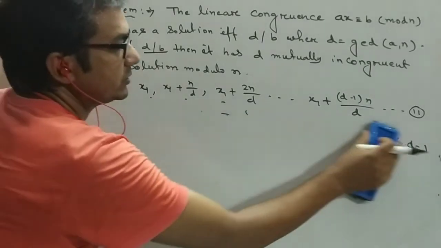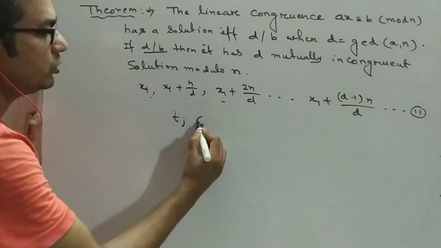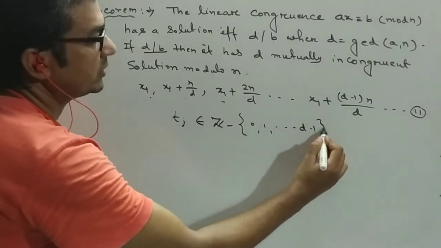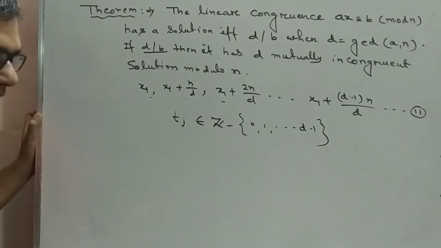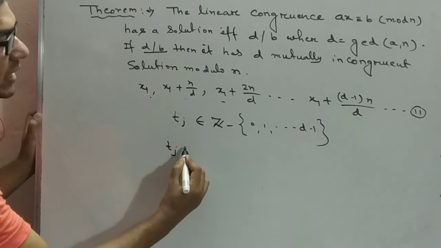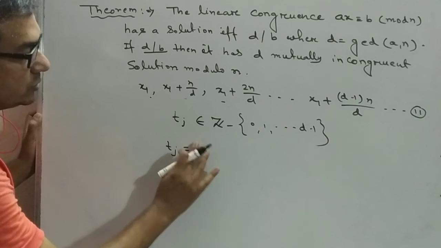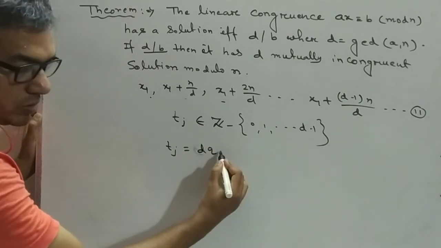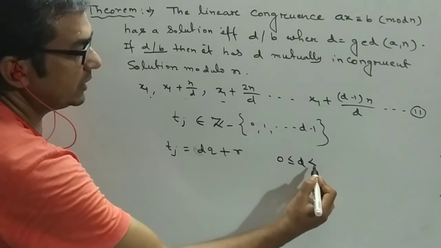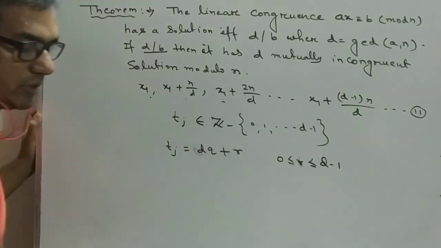Now let Tj belong to Z minus 0, 1 to d minus 1. Then by the division algorithm we get Tj equal to d into q plus r, where 0 less than or equal to r less than d, or less than or equal to d minus 1.